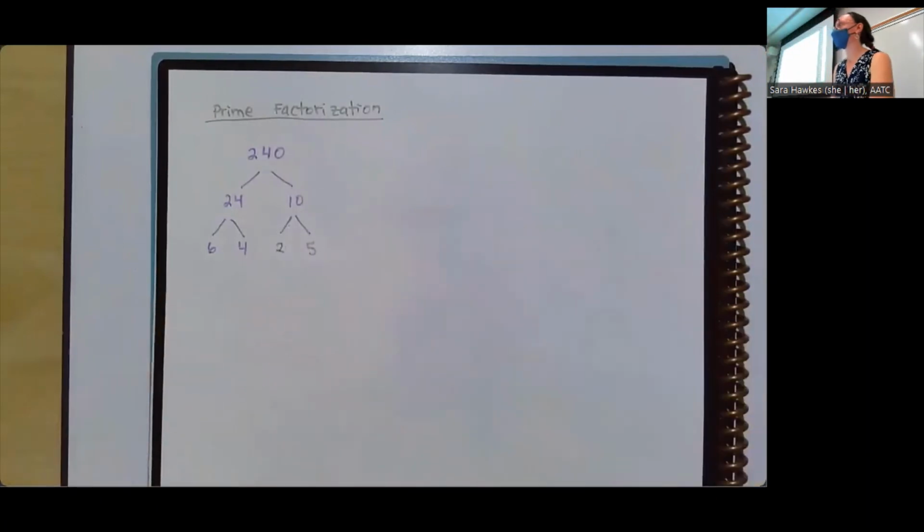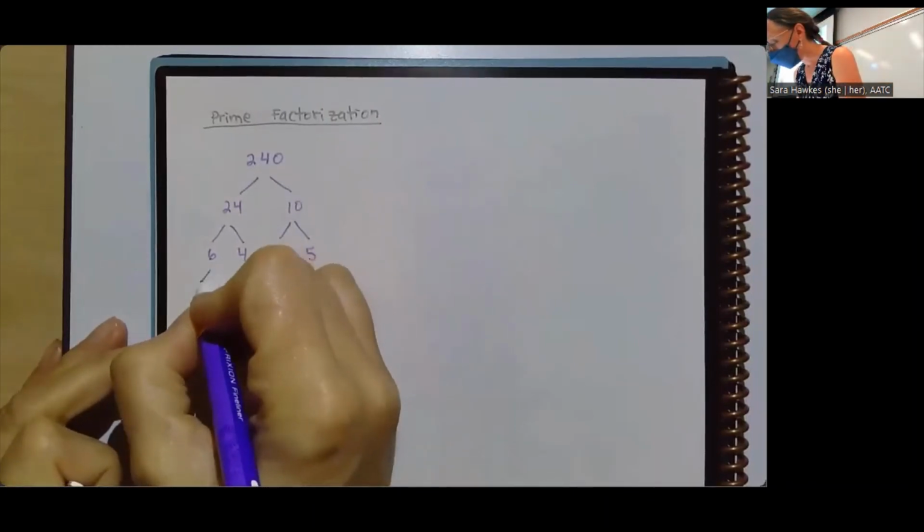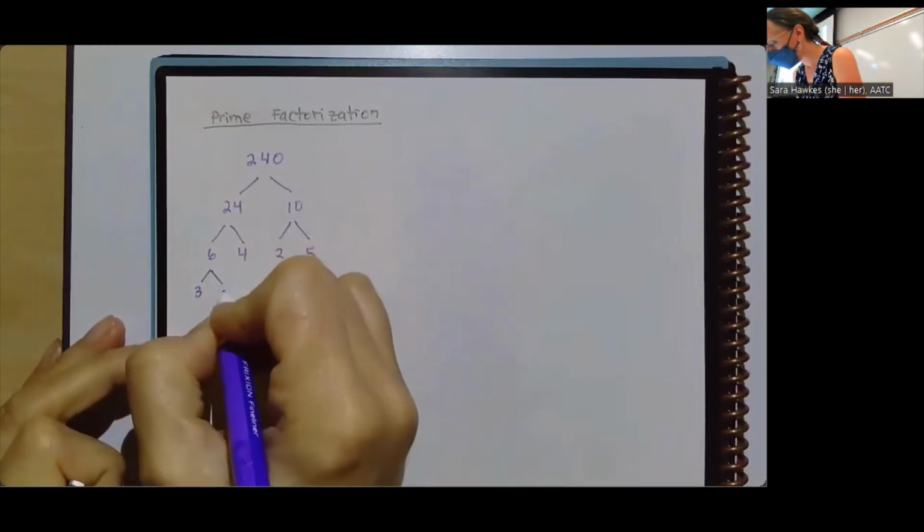Great. So if I did 6 times 4 times 2 times 5, I would get to 240. But I'm still not done because I was looking for the prime factorization and we're not quite there yet. Because 6, I can break down further as 3 times 2.